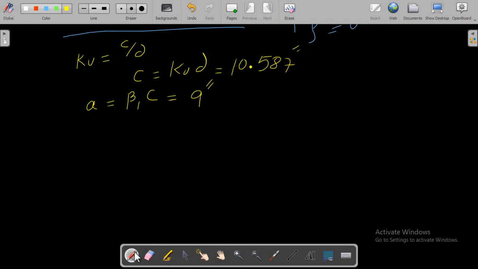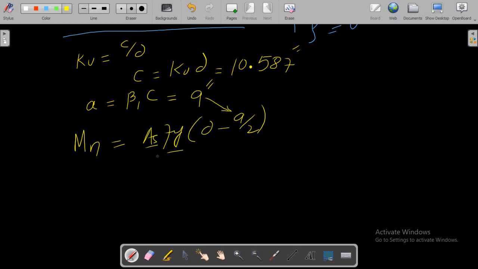So now we are able to find the value of Mn. We can find Mn, that is As times fy times (d minus a over 2). So we know all the values. We know As, we know fy, we know d, we know a, as we determined here, this one.